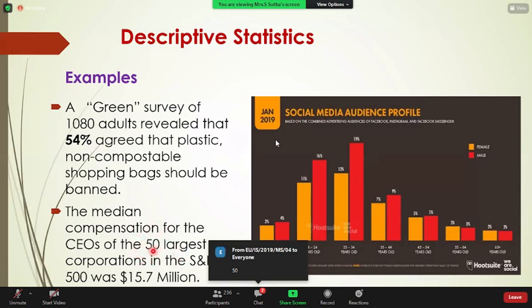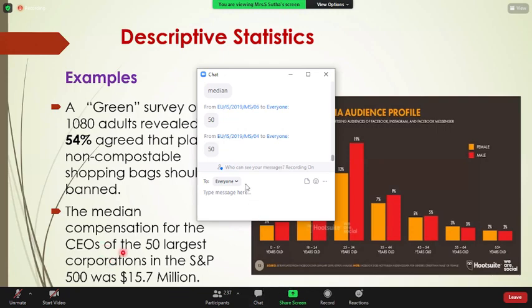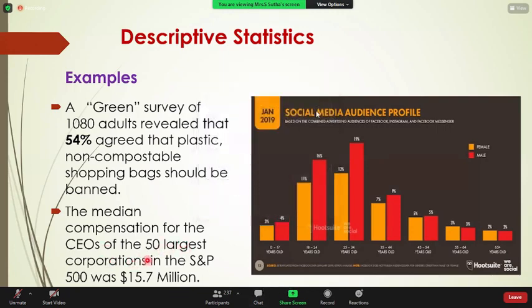What is the characteristic of the CEOs we are looking at in this situation? Compensations. Very good, right? We are looking at the compensation for the CEOs of the 50 largest corporations.